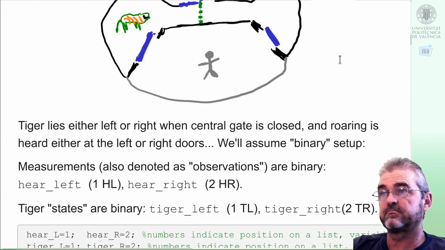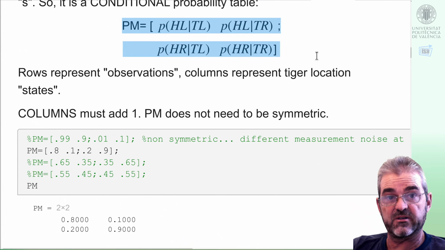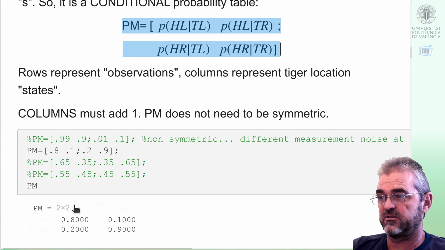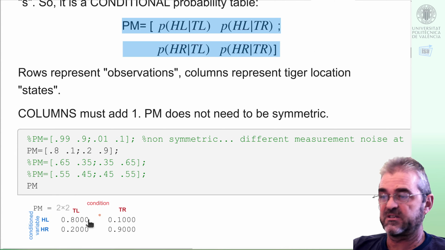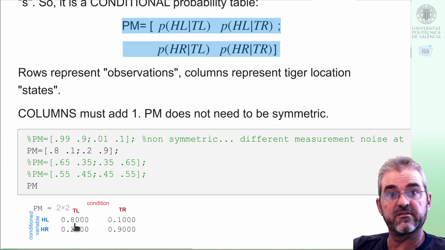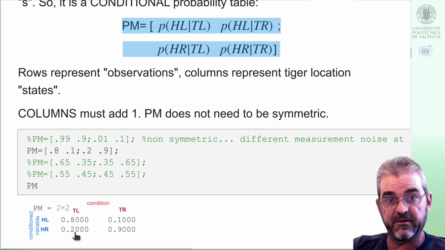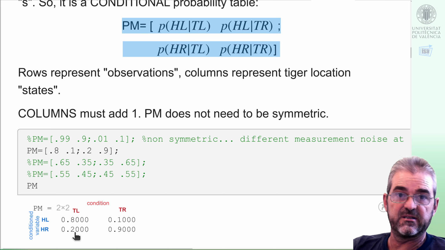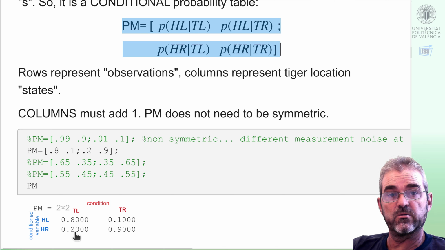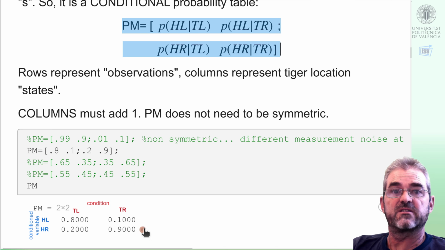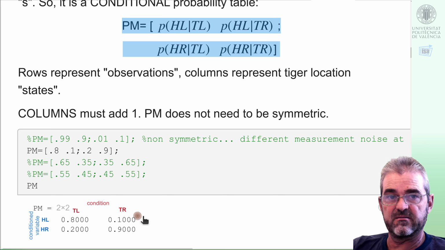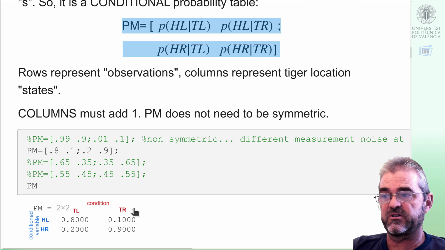In a previous video, we posed the problem by first stating a conditional probability table, such as the one here below, saying that if the tiger is at the left cage, then 80% of the cases will roar towards the left door, but 20% will roar towards the corridor, and we will listen to it at the right-hand side door, and likewise for the tiger right conditional probabilities.